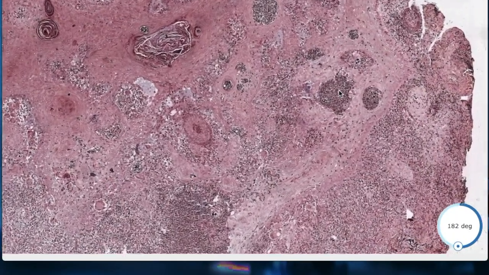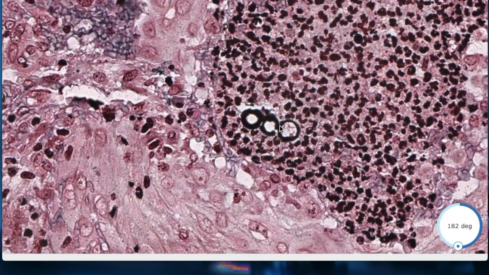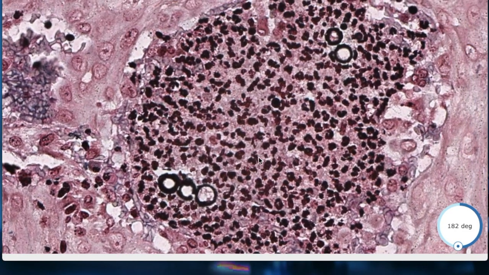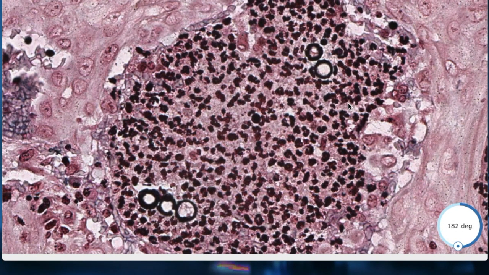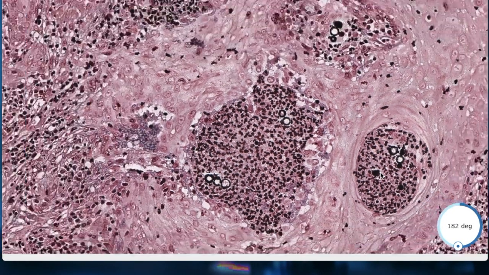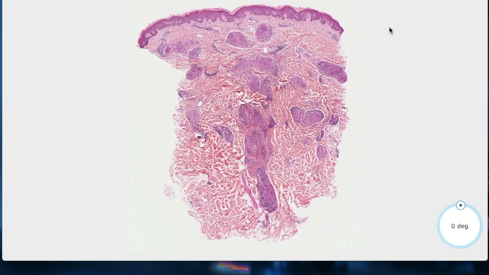However, you have to do further testing, but I think on H&E it is very clear. Look at all these organisms here, more and more, and we have more here. So very beautiful example of paracoccidioidomycosis. Moving on, we have this punch biopsy.